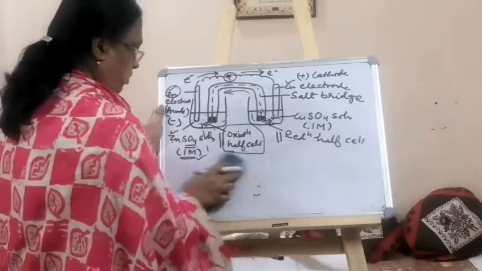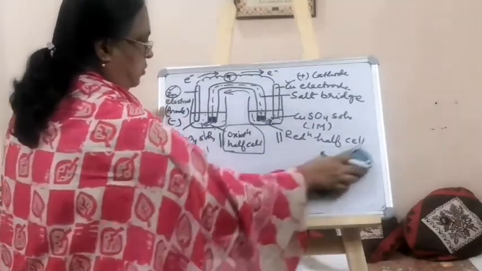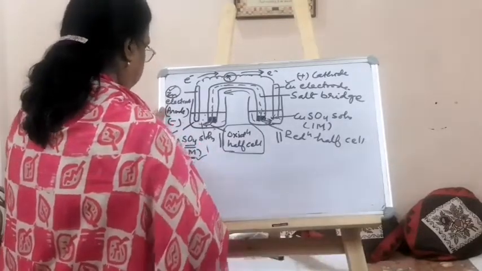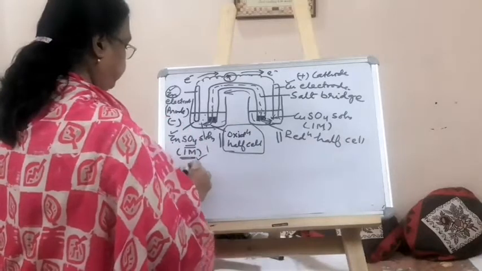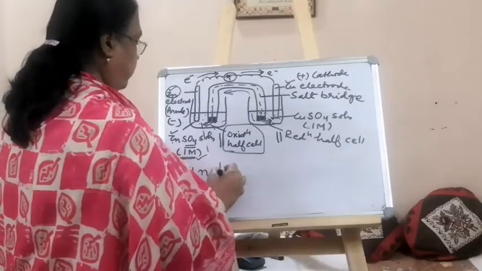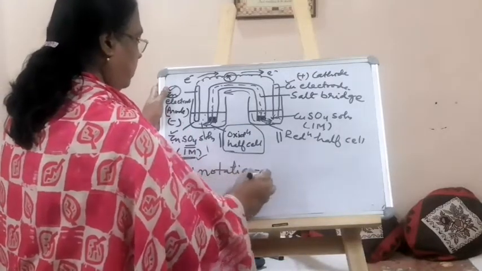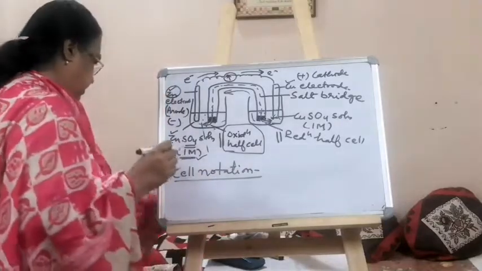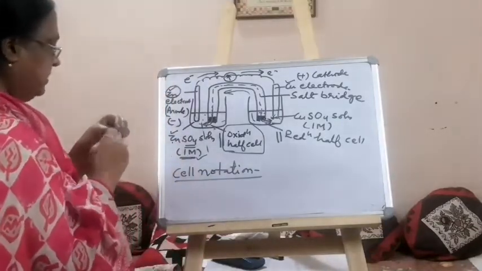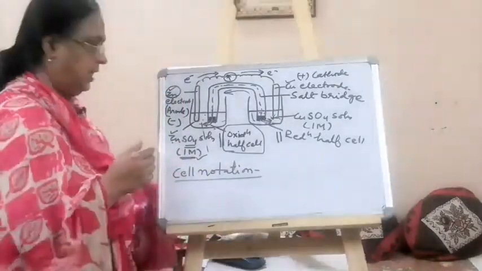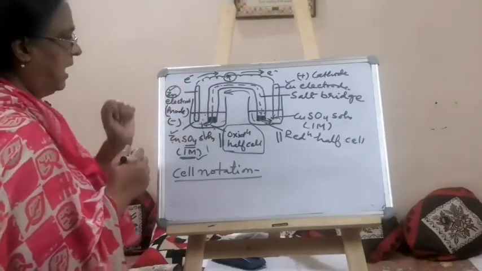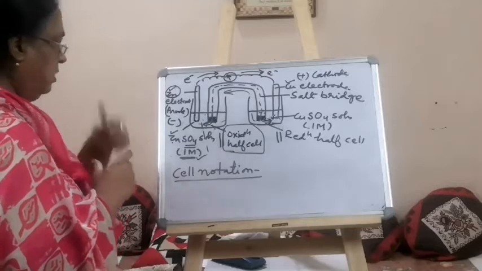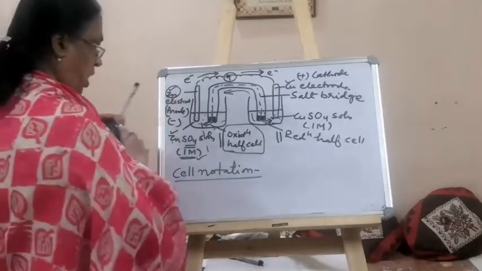Now I'll teach you how to write the cell notation. Cell notation is a very important thing for numerical and for other reasoning questions. So what is cell notation? Cell notation is the symbolic presentation of this galvanic cell. So I show to you how.